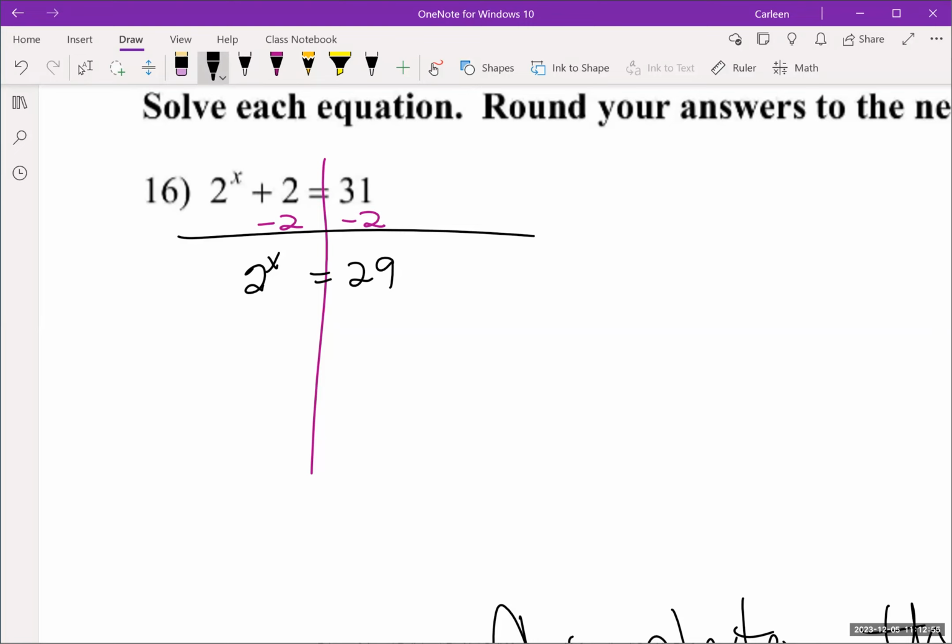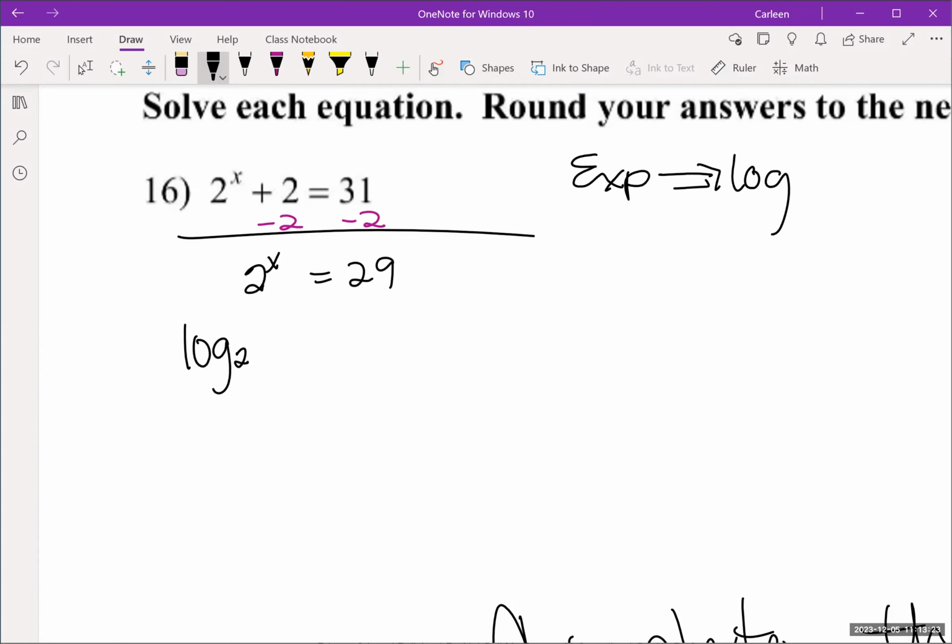My exponent is my variable. So I'm going to go from exponential form to log form. So log, what's the itty bitty number? 2, what comes next? 29.